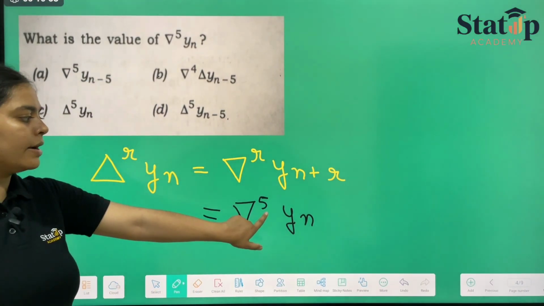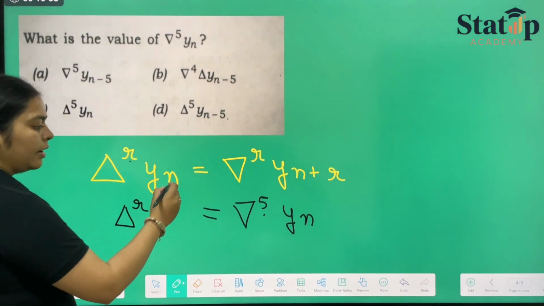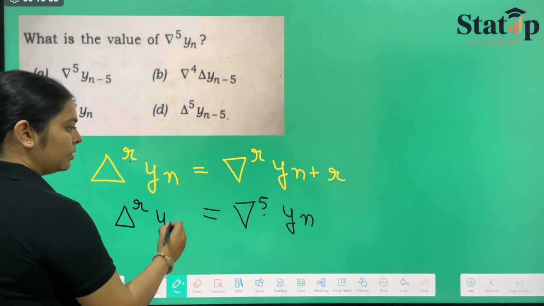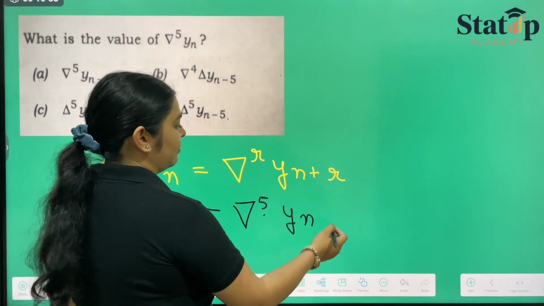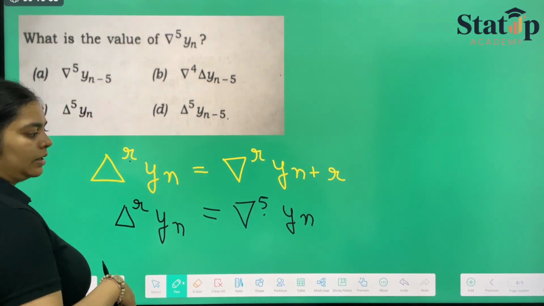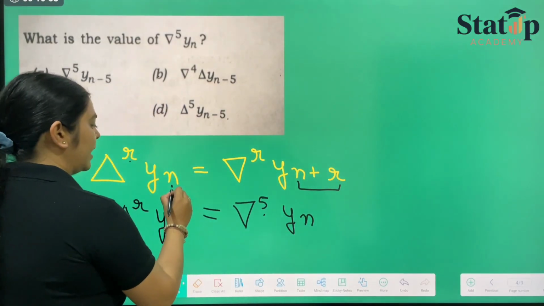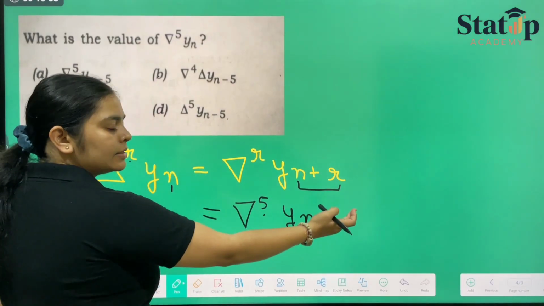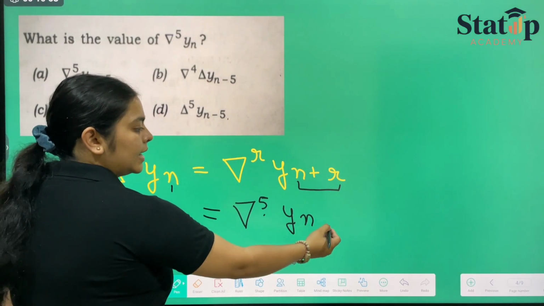Since r is equal to 5, r here will also be equal to 5. Here y_n is there. But here they have given us nothing, and here they have given us nothing. See the relation here. It should be n plus r and n. So the right side has r extra.